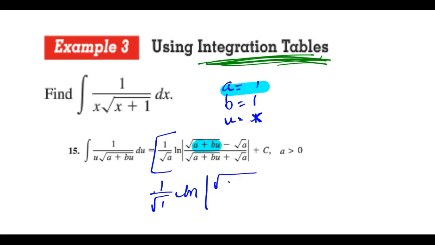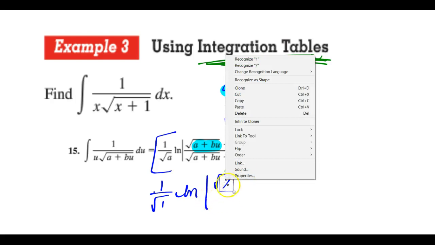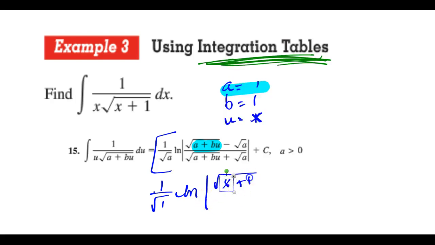Instead of writing 1 plus x, I think it looks nicer as x plus 1, so using the commutative property, minus the square root of 1, all over the same thing but change the sign from a minus to a plus, so it's x plus 1, plus c.